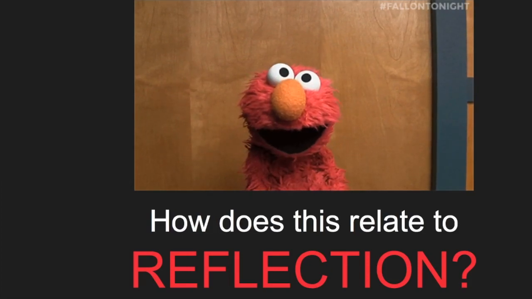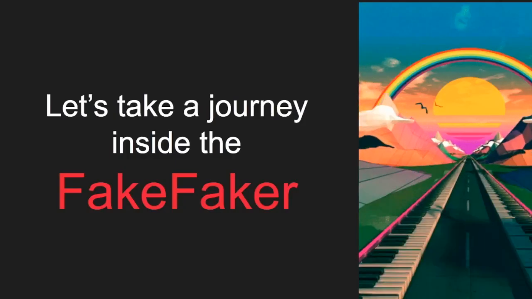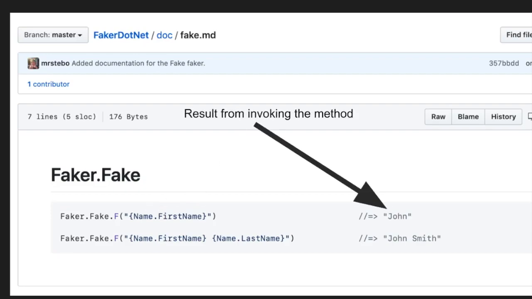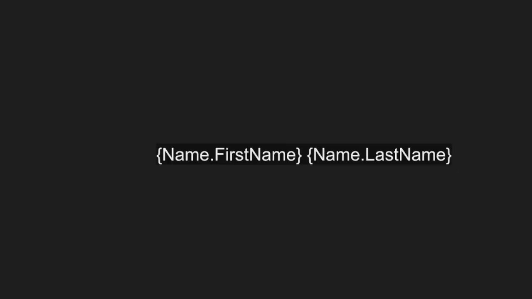But how does this relate to reflection? We have to take a journey inside this faker module. This just passes a string and runs some faker modules on that string. So we've got the module, the method, and it returns the value from the method. We'll have this string, mean anything, capitalized, crazy case.